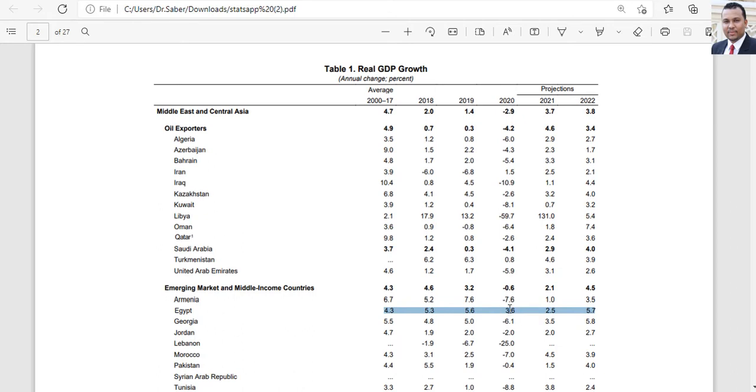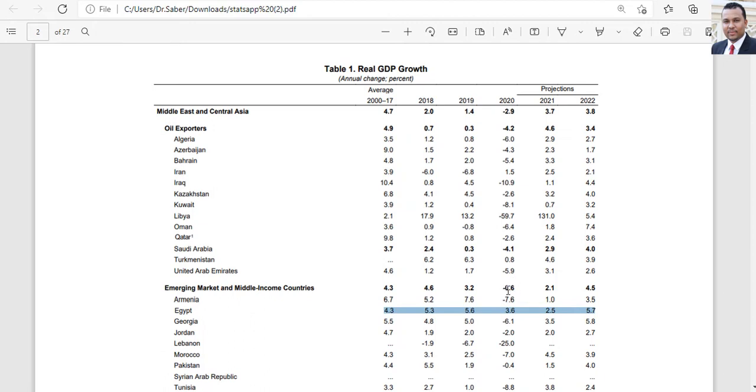So in this case, we can compare the performance for real GDP for Egypt in this year 2020, 3.6 as a positive, with the average in emerging market and Middle East equal negative 0.6. So this is declining in the economy.